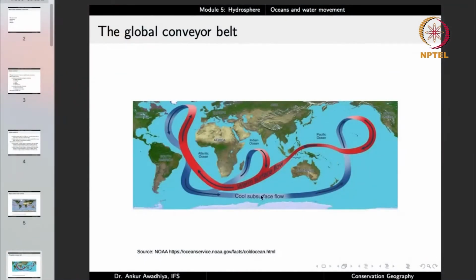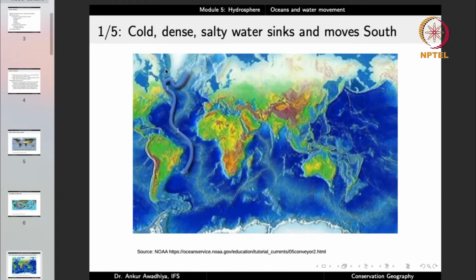It starts from the North Atlantic, where, being very cold, we get a phase separation. So the water that remains is very cold, very salty, and very dense, and so it sinks down. Once it has sunk, it moves along the ocean floor towards the south.